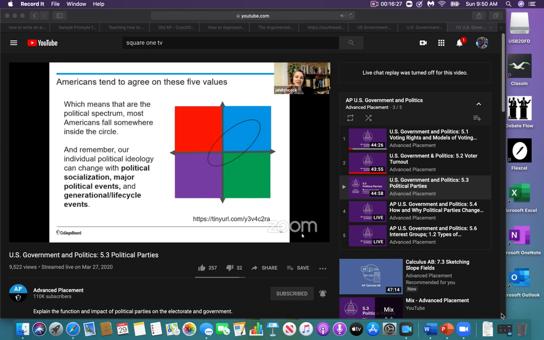And so that, number 1, is really where we would find our political spectrum, which I'm going to talk about in a minute. But number 2, where you precisely come in on that value system is subject to change, right? We are constantly being socialized politically. We call it political socialization.